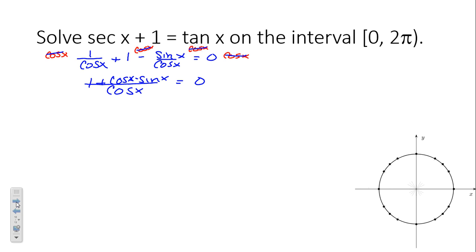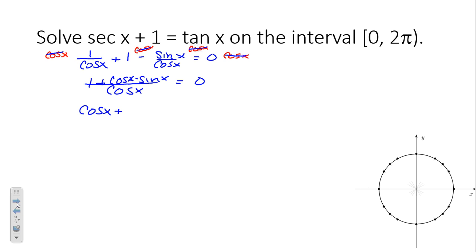So if we multiply everybody by cosine, we end up with a cosine sine again. Where did I get this example from? So it's not working to get them in terms of sines and cosines, is it?